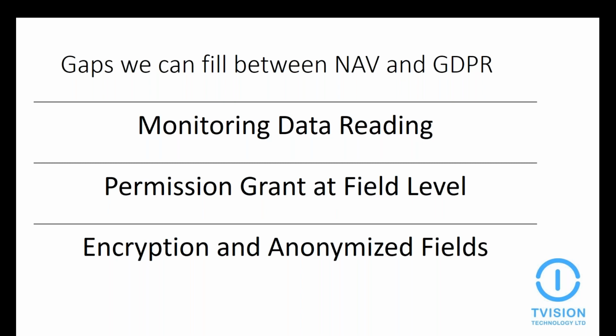And finally, I'm going to show you how the personal data is encrypted and anonymized in our SQL database. This is something that is transparent for the user, but very important for the security of the data.